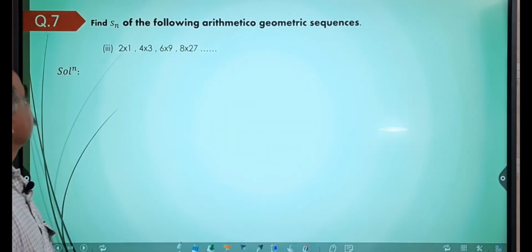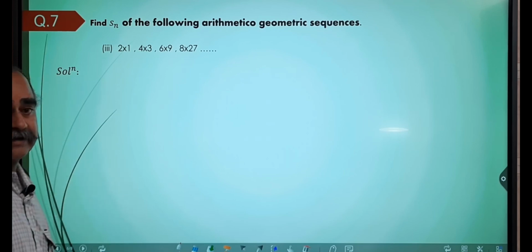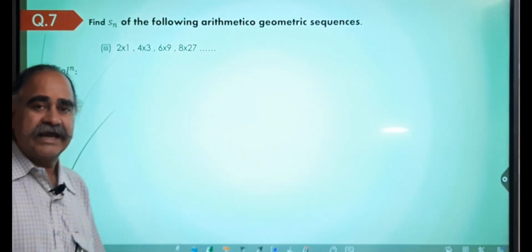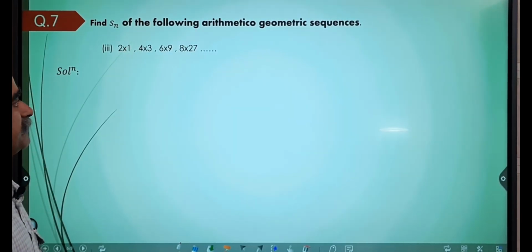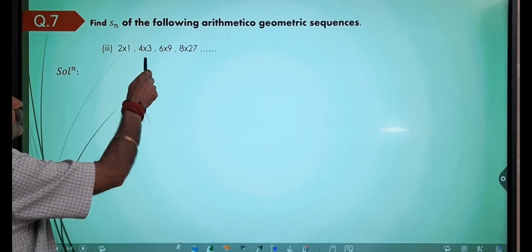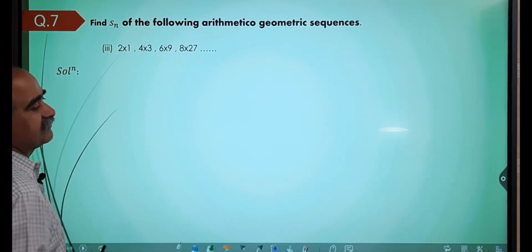Okay, so friends, by mistake this is written as question number 7. It is question number 8. Again, we have to find out Sn of arithmetico-geometric sequence: 2 into 1, 4 into 3, 6 into 9, 8 into 27 and so on.